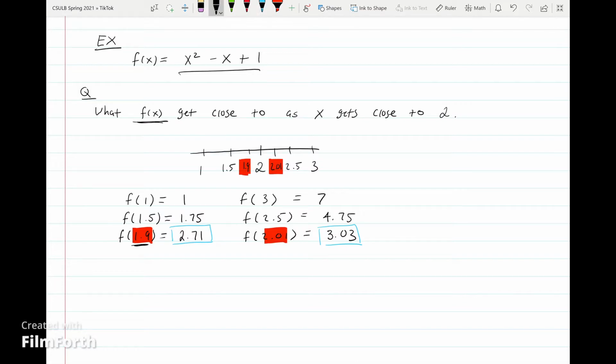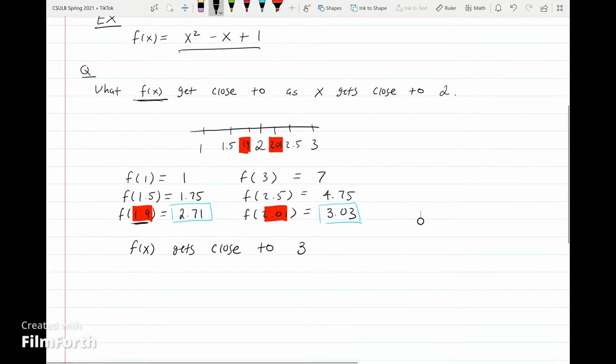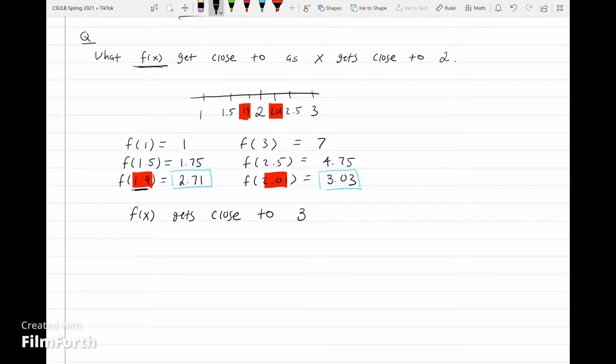So what would you say? I would say that my function gets close to what? 3.